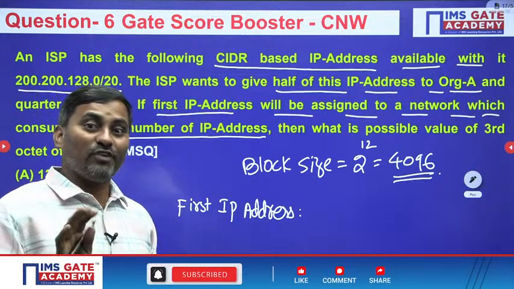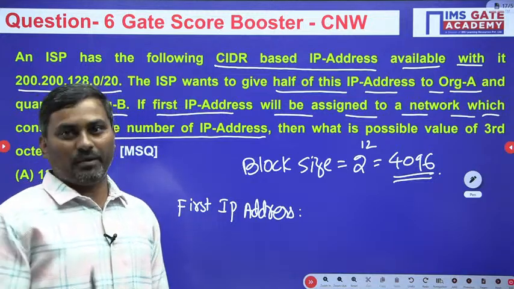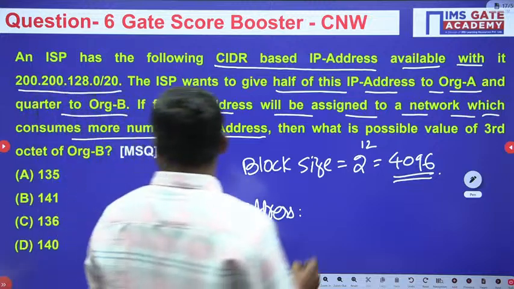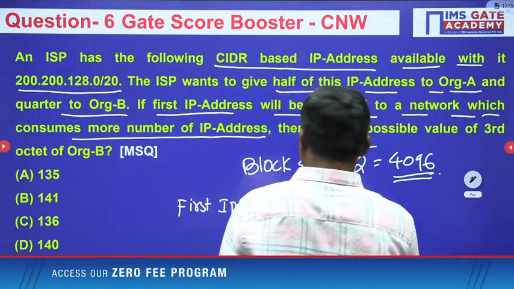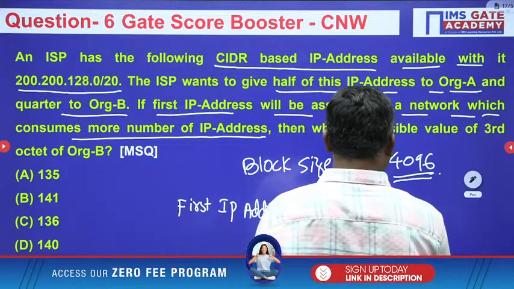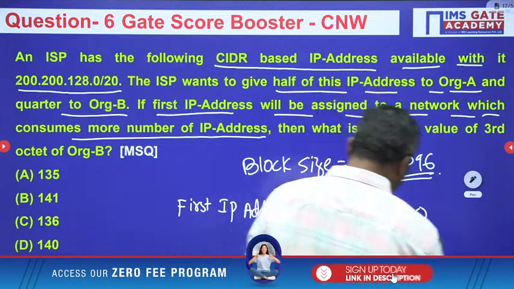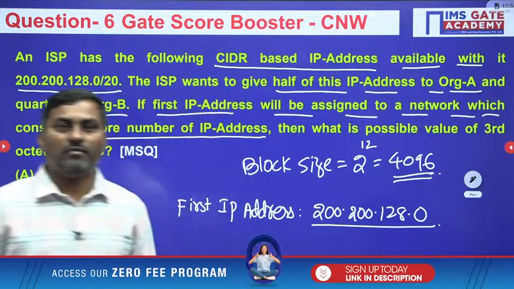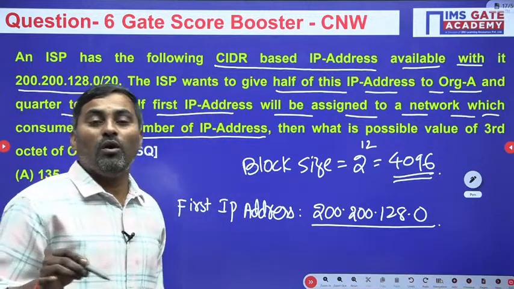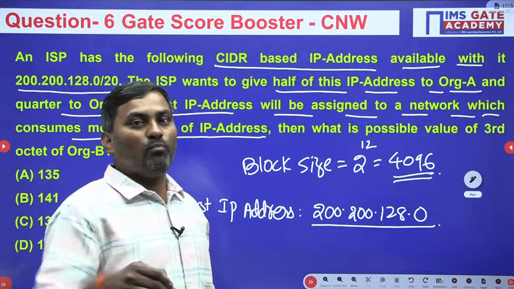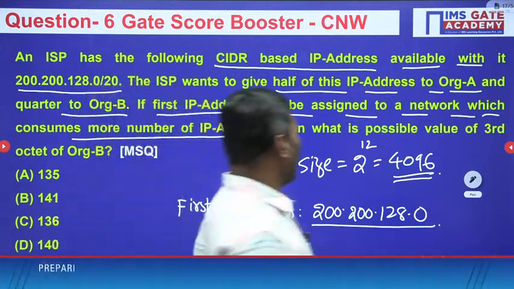I am not asking for the first host IP. First IP. Isn't it 200.128.0 itself? This itself is the first IP address. Correct or not? This is given to a subnet with more IP addresses.